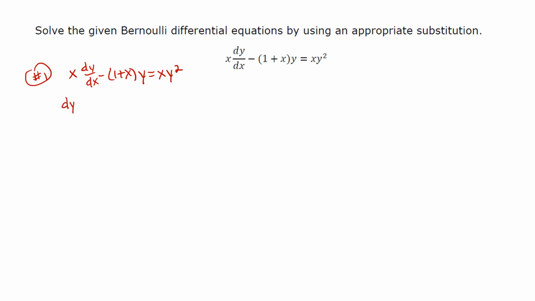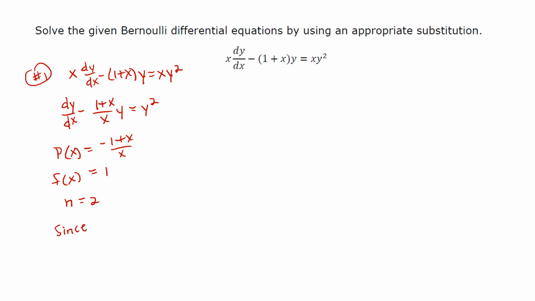So we'll get dy dx minus 1 plus x over x, y equals y squared. Okay, so from this, we can identify our p of x as negative 1 plus x over x. We can identify the f of x as 1, and our n is 2.